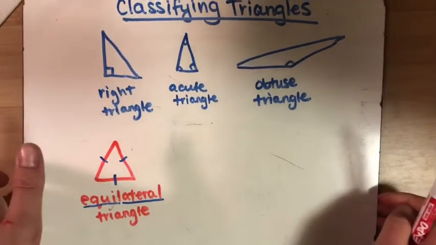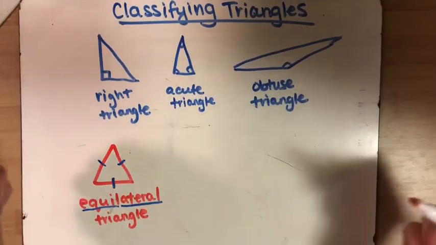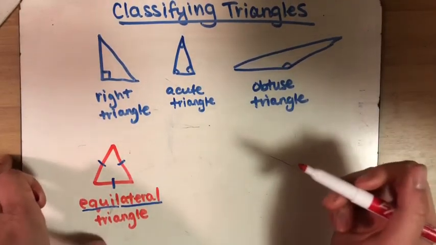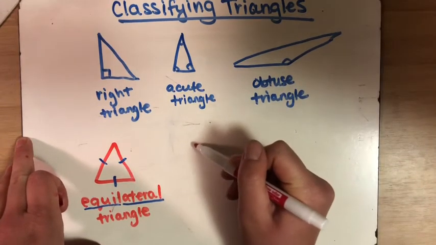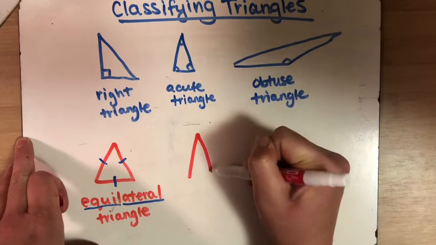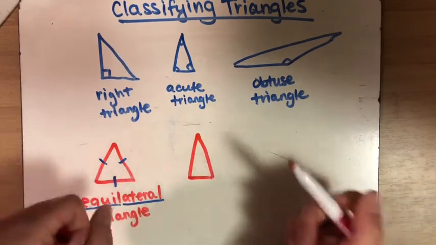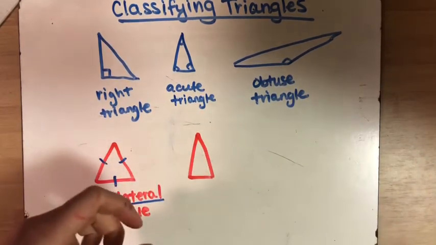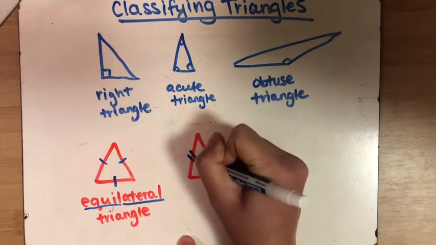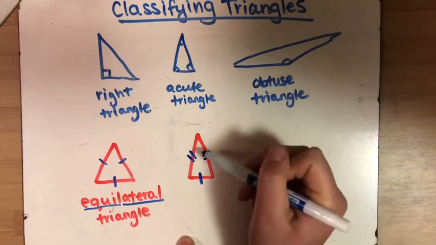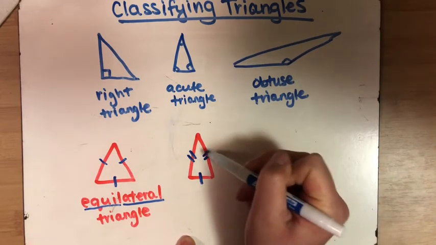Another kind of triangle that we can find is called an isosceles triangle. An isosceles triangle means that two of its sides are the same length. See how these both have two dashes through them?